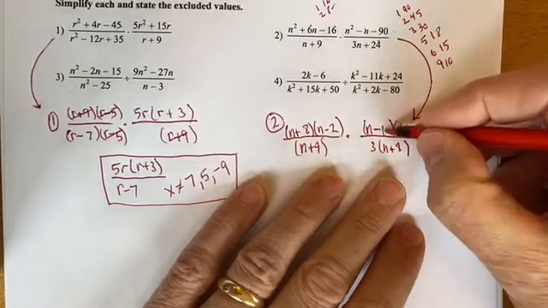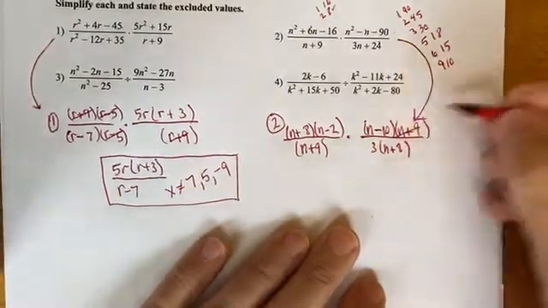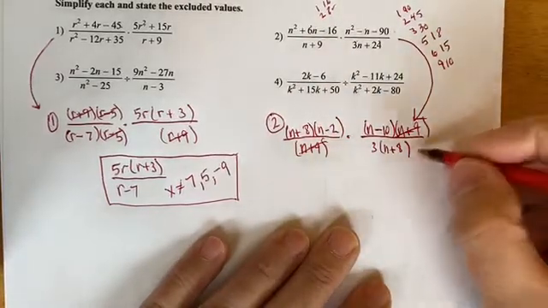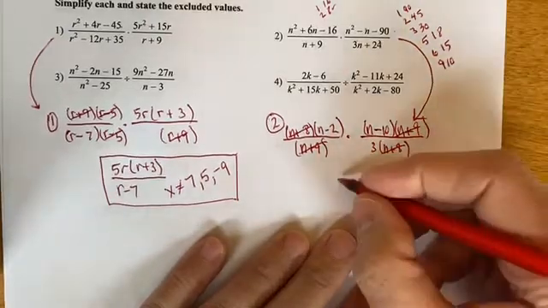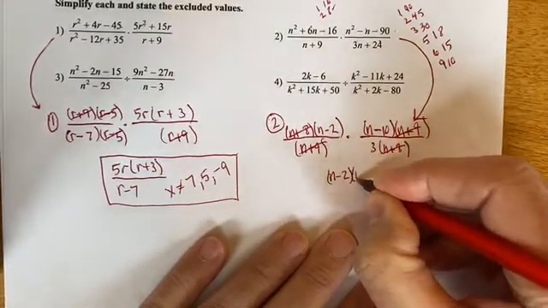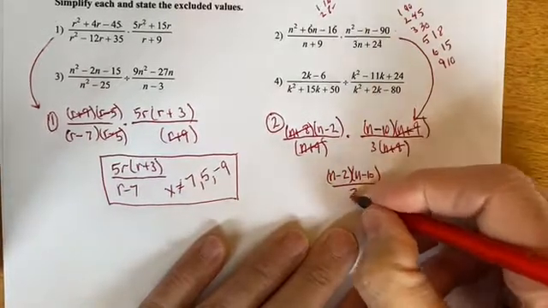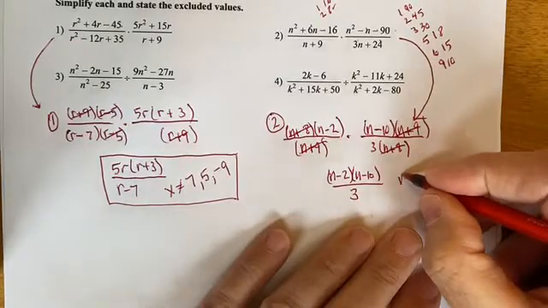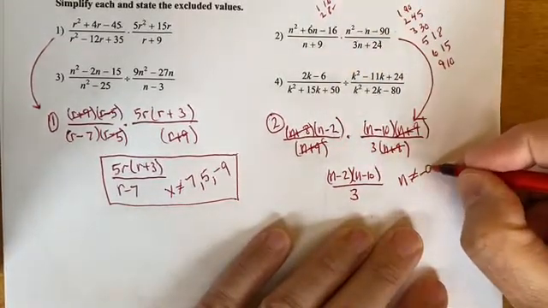Biggest one first, 10, 9. So cancel what you can, n plus 9, n plus 8, and that's it. So on the top, you're left with n minus 2 and n minus 10. On the bottom, just a 3. And the excluded values for n, negative 9.